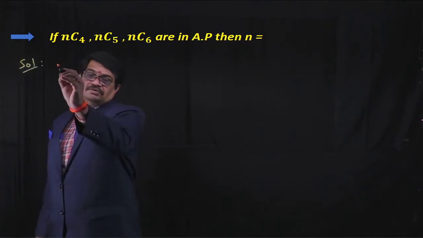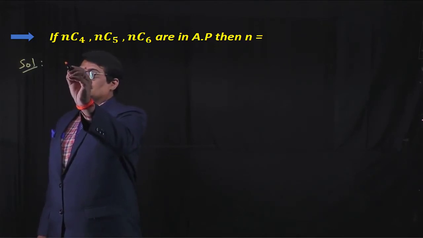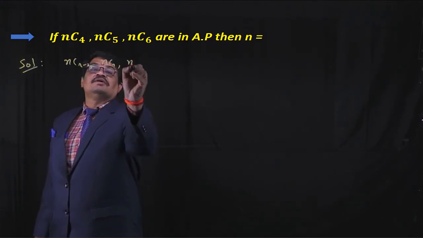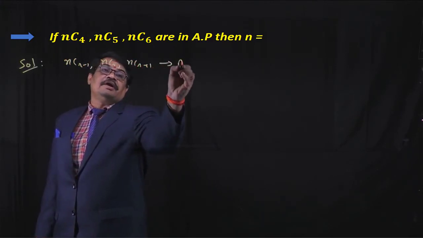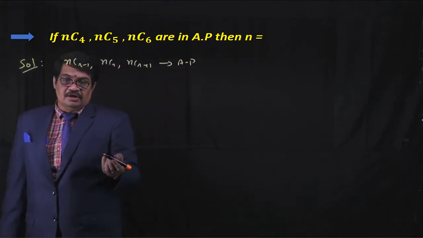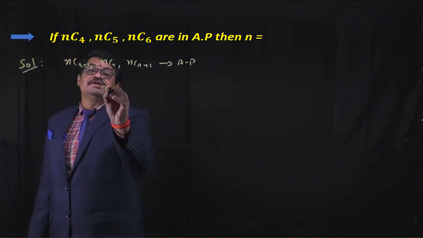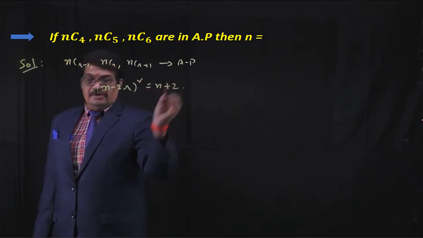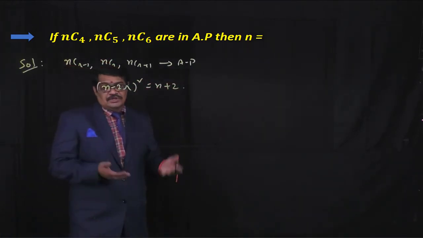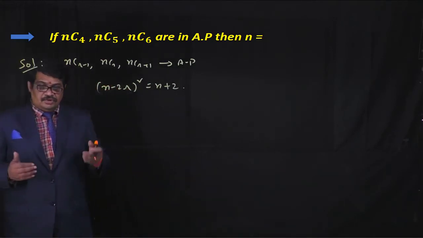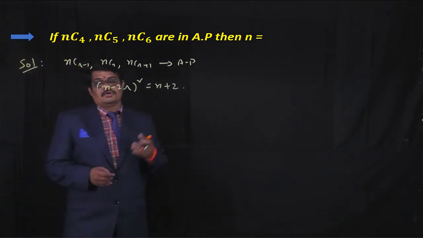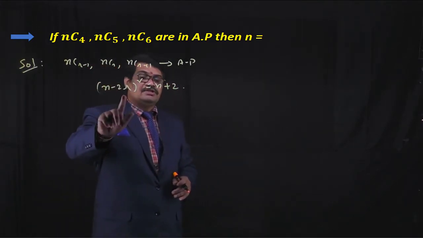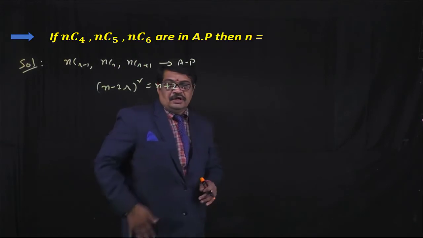Okay. So if nCr minus 1, nCr, nCr plus 1 are in AP, then we know the condition is n minus 2r whole square is equal to n plus 2. So if three consecutive binomial coefficients are in AP, then the formula is n minus 2r whole square is equal to n plus 2.